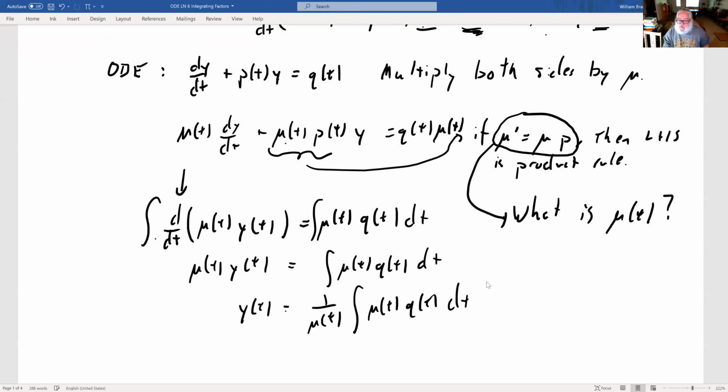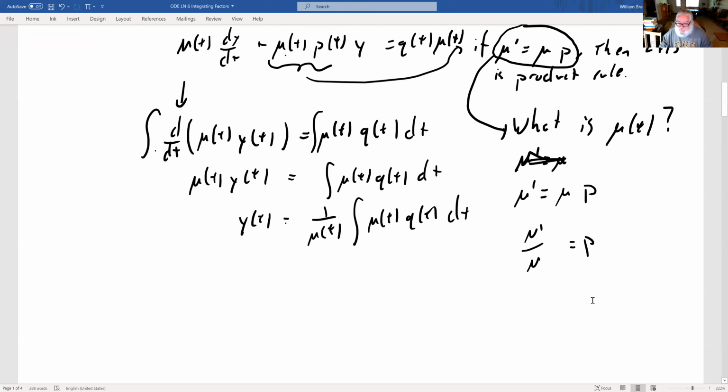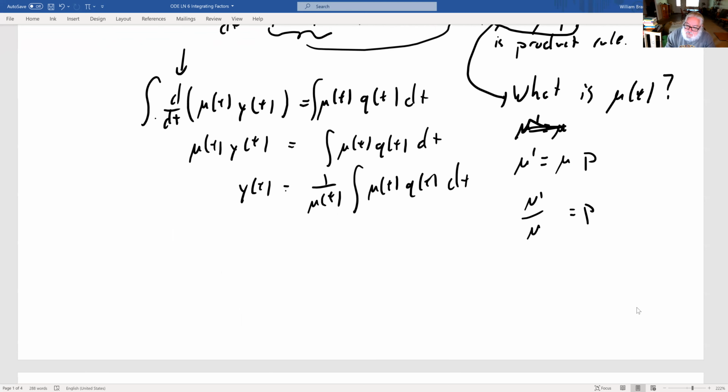So what is mu of t? Well, mu prime equals mu times p. Divide both sides by mu, and then integrate both sides with respect to t.